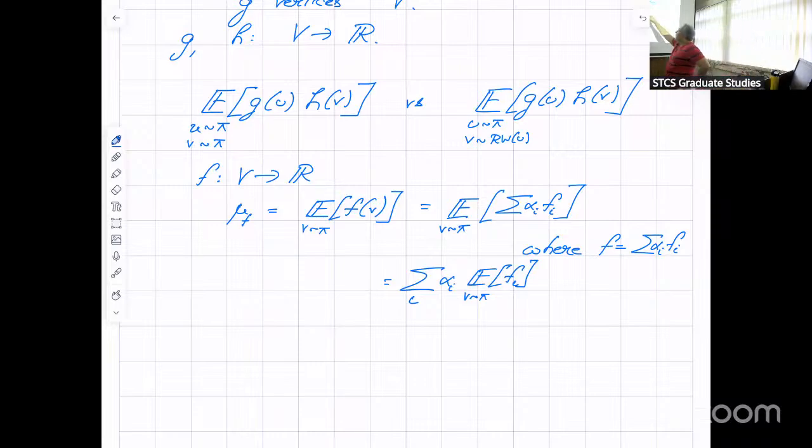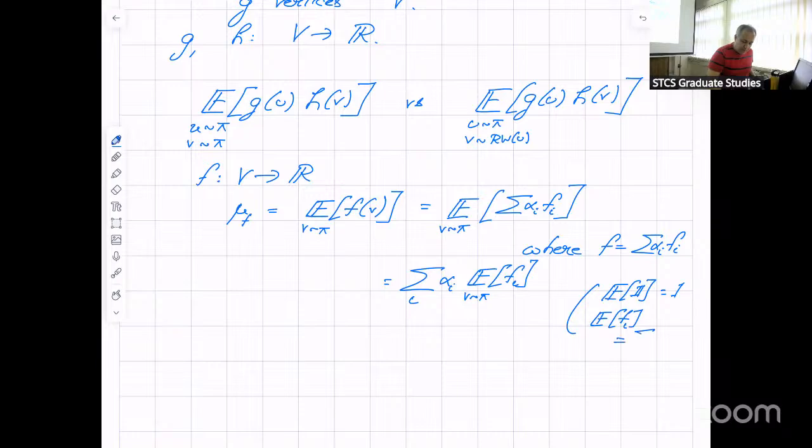Let's separate it. When f_1 is the all ones function, what's the expected value of the all ones? It's 1. The expected value of everything else: everything else is orthogonal to the all ones, therefore they will all be zero. The expected value of f_i is the summation of pi(v) f_i(v), which is the same as the inner product between f_i and the all ones in the pi norm, which is 0.